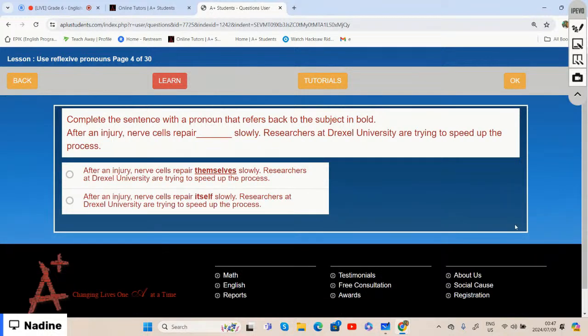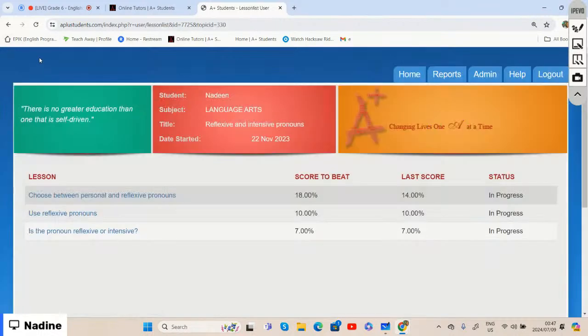All right, so that is now the end of our lesson on reflexive and intensive pronouns. In our next lesson, we are going to do is the pronoun reflexive or intensive. But for now, this is the end of our lesson. Thank you very much, grade 6, for joining the class.